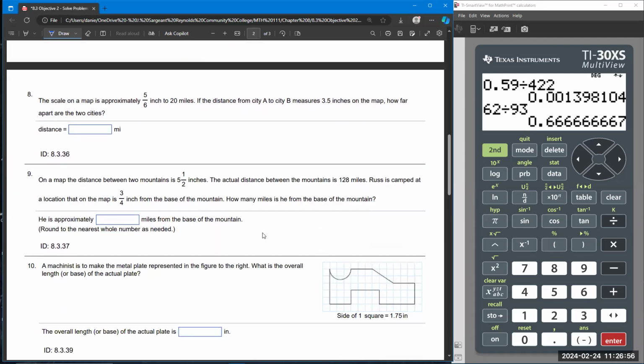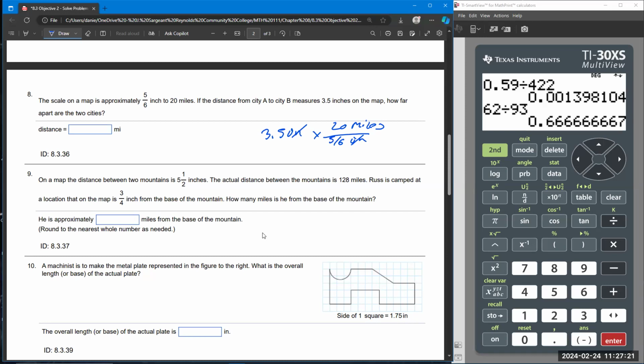The scale on the map is approximately 5/6 inch to 20 miles. The distance from city A to B measures 3.5 inches on the map. 20 miles, 5/6 inch. Then how far apart are the two cities?